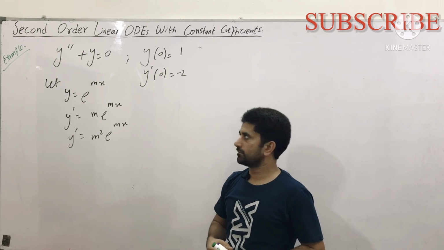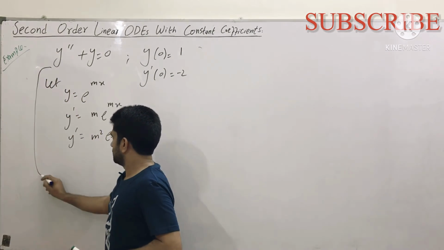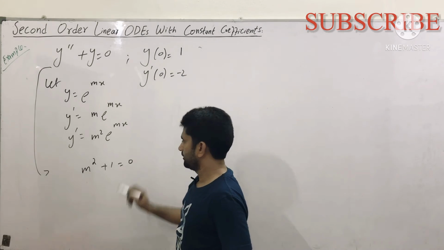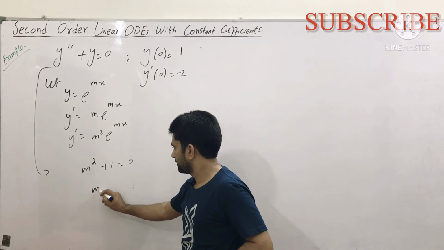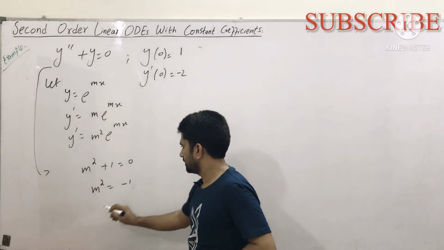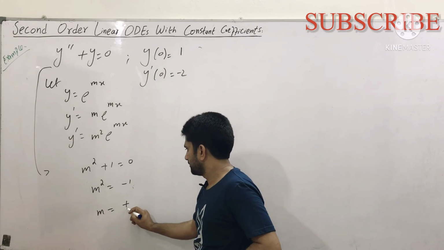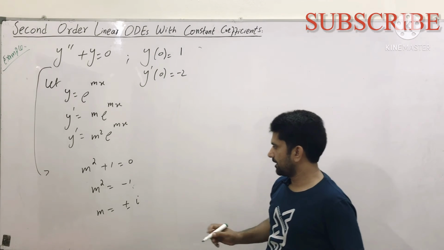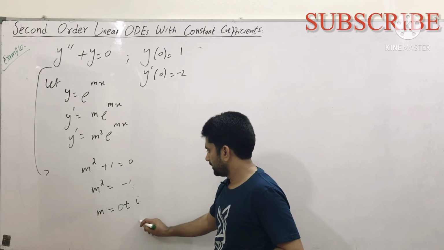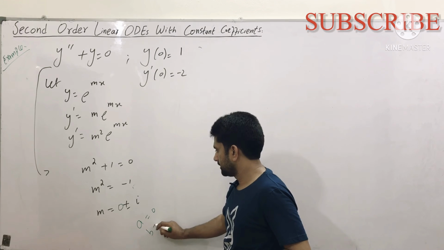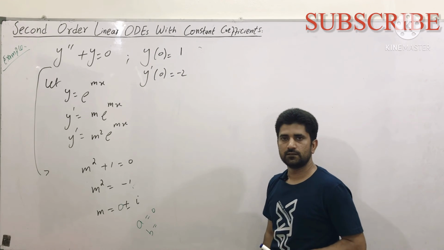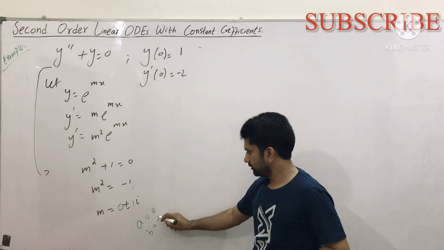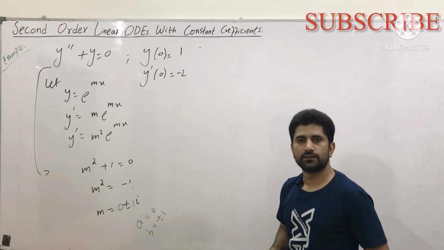Then the characteristic equation of this will become m² + 1 = 0, and in the next step m² = -1 and m = ±i. We see we do not have any real part here, so a is 0 and b, the term which is present with i, is 1, so we have ±1 here.